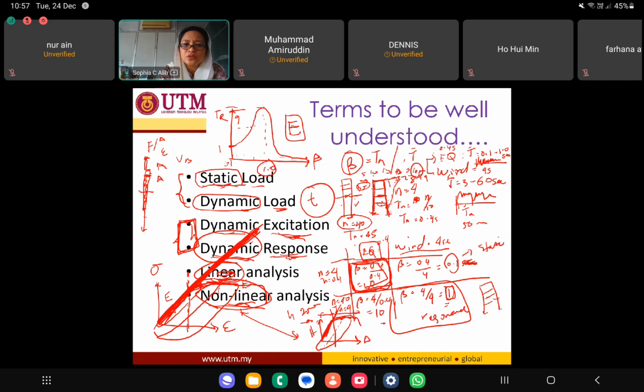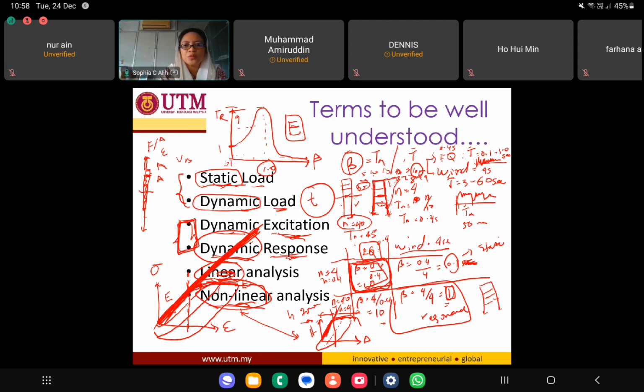Your design is also a linear design, and you expect your structure not to have a dynamic response, in which they are not governed by wind or earthquake load. If they are governed, then you have to check it with dynamic analysis, which you can do with some software or some calculation in terms of the dynamic amplification factor and things like that.